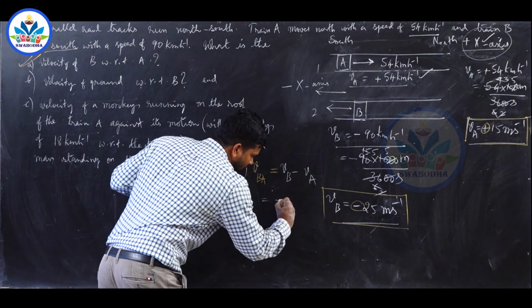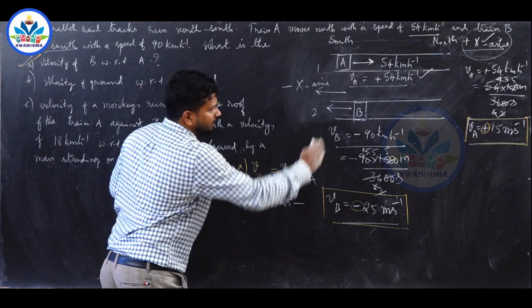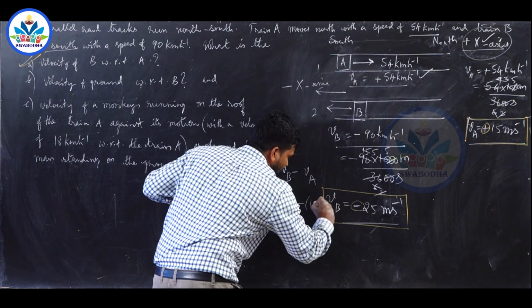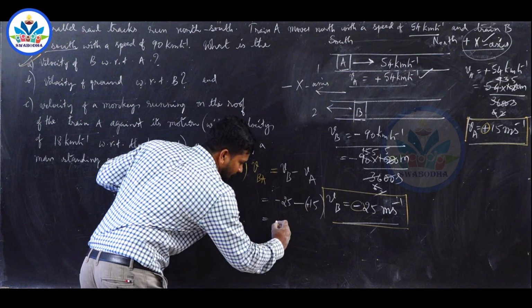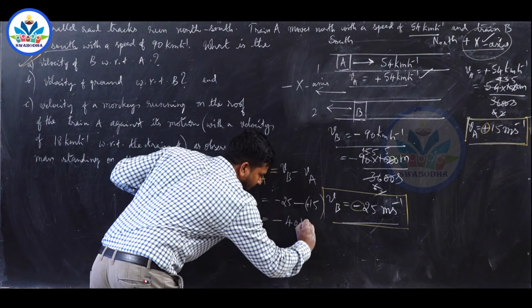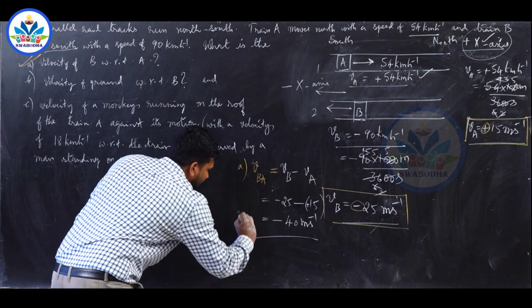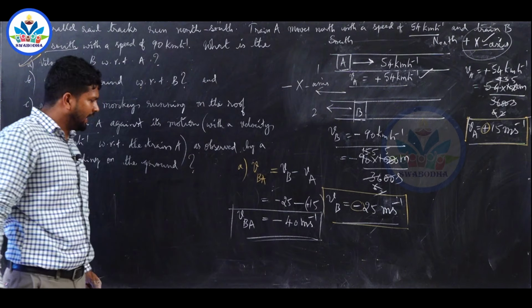VB is minus 25, minus, and VA is plus 15. Minus 25 minus 15 is minus 40 meter per second. This will be the velocity of train B relative to A.